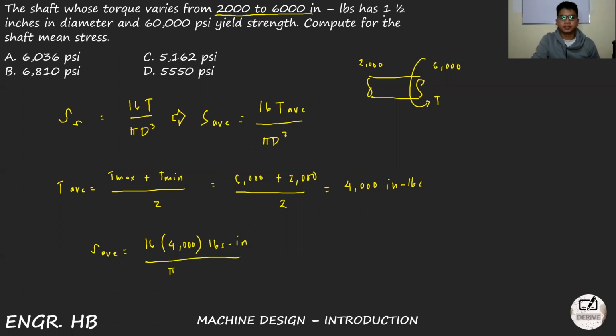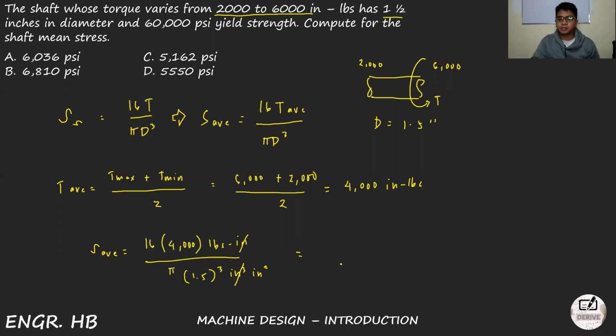So our diameter is ito, 1.5 inches. So that will become 1.5 cube, so it will be inches cube. So cancel, isang inches, magkakaroon ka ng inches squared yan. So pounds per inches squared is a PSI. And ayun, so that will be 16 times 4,000 divided by pi times 1.5 cube.